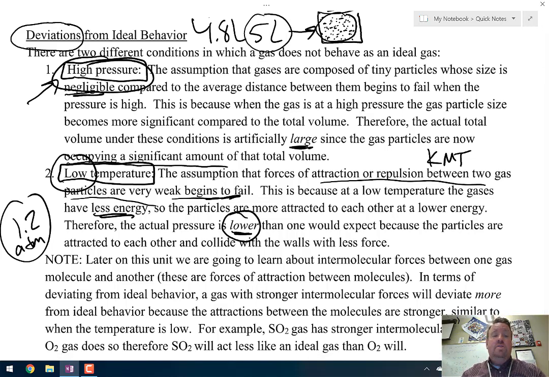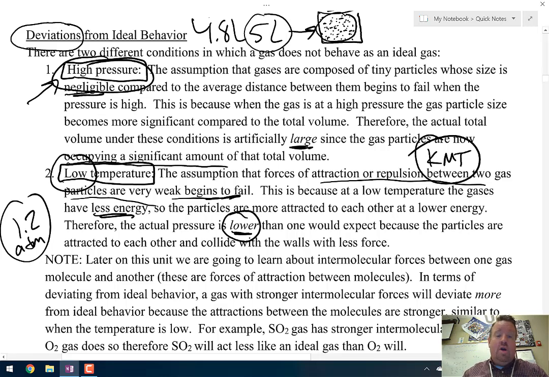So, again, if you can wrap your brain around that, it's all from the kinetic molecular theory, that as the gas particles take up more space, as you add more gas and the pressure goes up, well, it's taking up more of that empty space inside. That makes sense why it would not behave like an ideal gas.